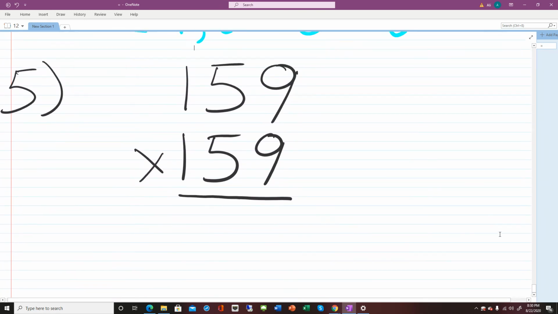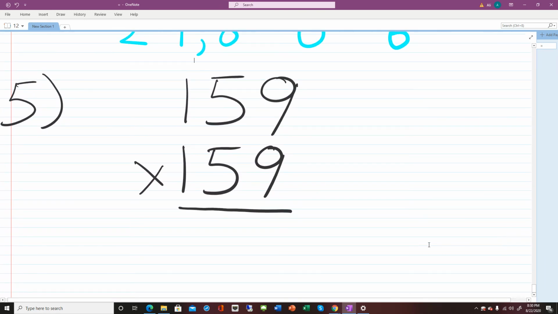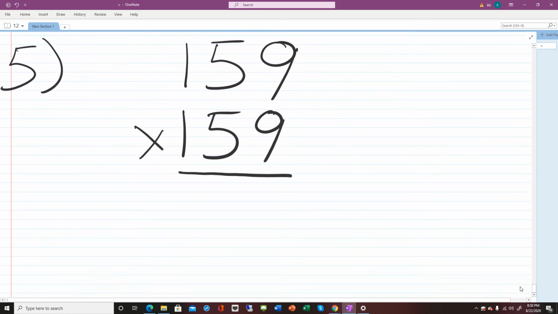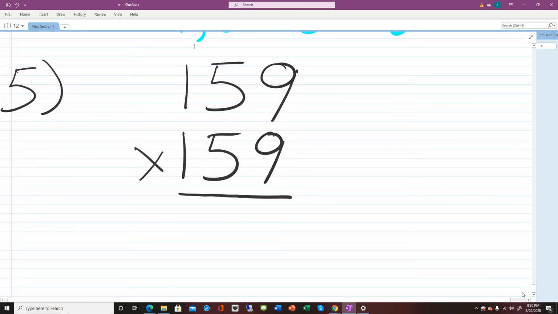159 times 159. So step 1, 15. What's 15 squared? We know 225. Okay, step 2, cross multiply and add right here. So 15 times 9 plus 15 times 9. So we know that 15 times 9 is 135, and then 135 doubled is 270, so I get 270 here.